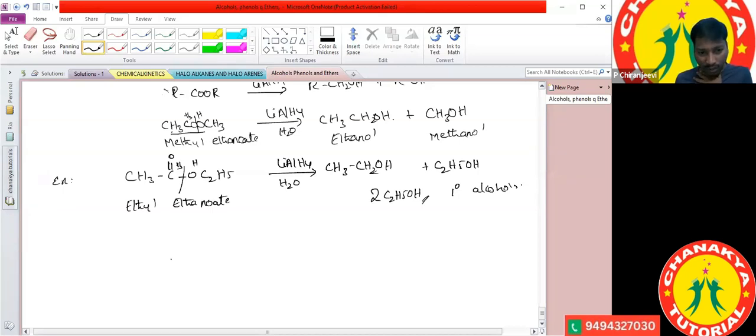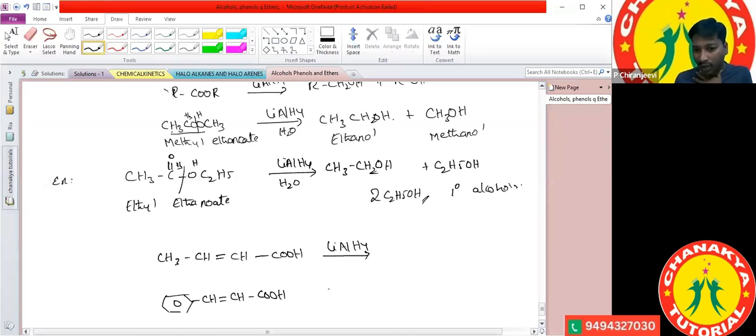Now I'll tell one more thing here, a JEE level question. Consider CH3-CH=CH-COOH, or C6H5-CH=CH-COOH. In both the cases, lithium aluminum hydride only.